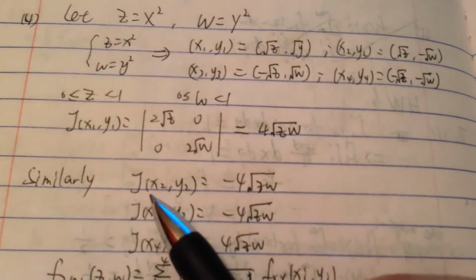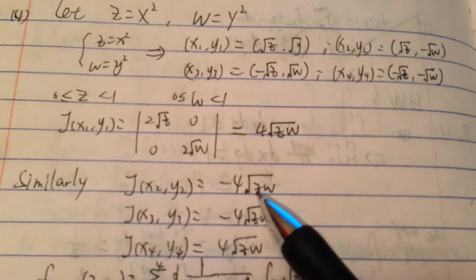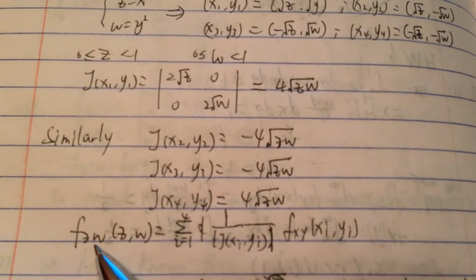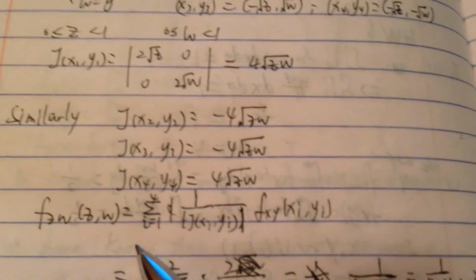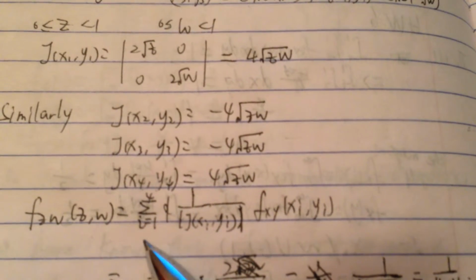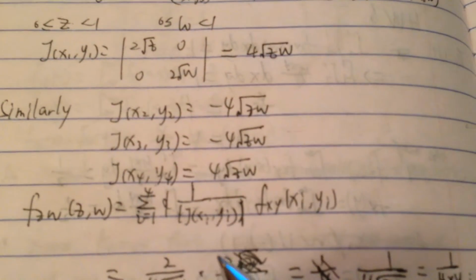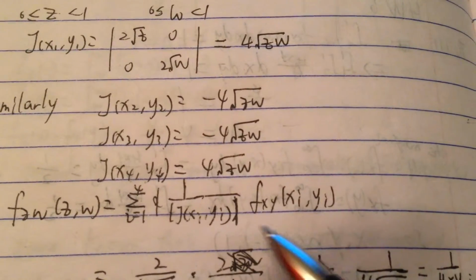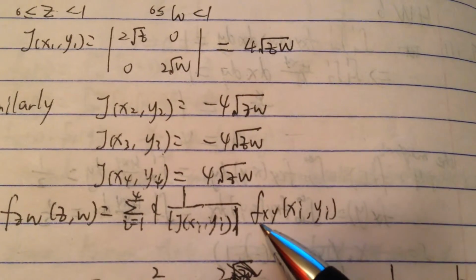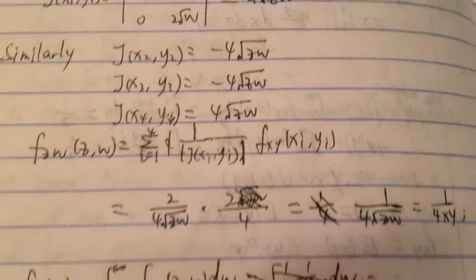And similarly, we can find the Jacobian for the other solutions equals -4 times square root of z times w, and the absolute value is the same. So we can find the joint density function f sub ZW equals the summation for i equals 1, 2, 3, and 4 of 1 over the absolute value of the Jacobian times the joint density function of X and Y at each (xi, yi).